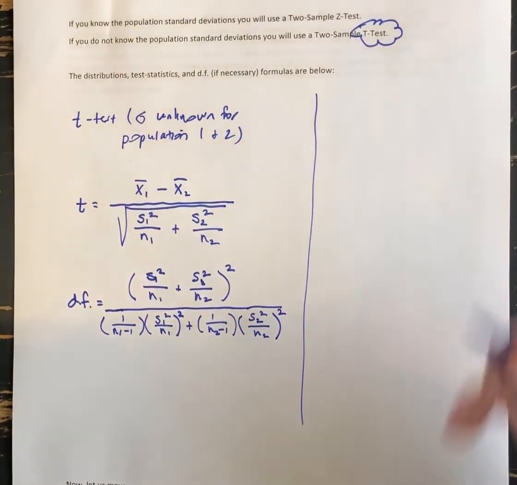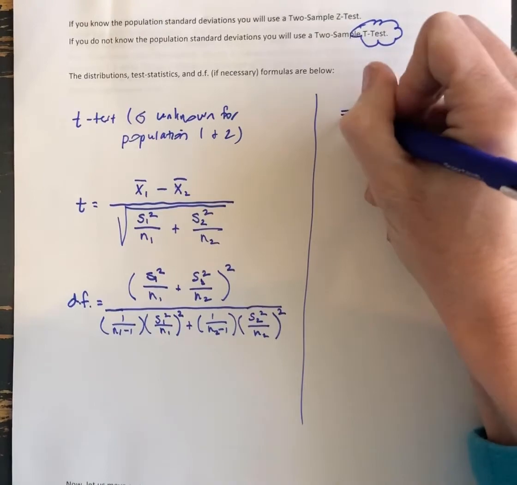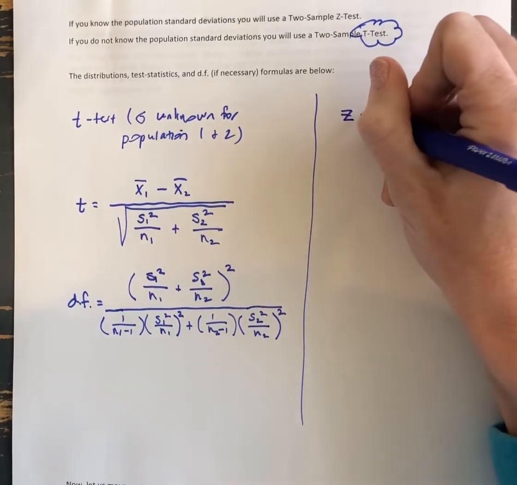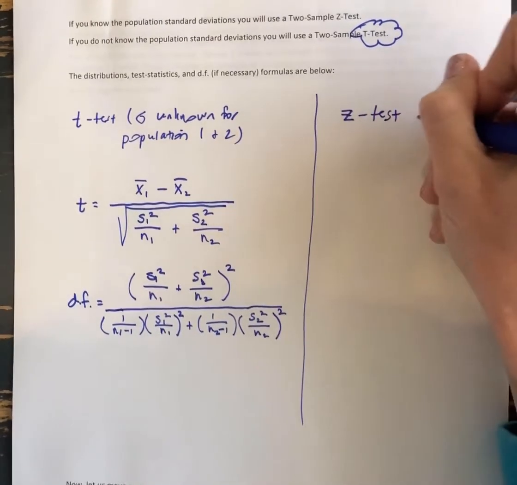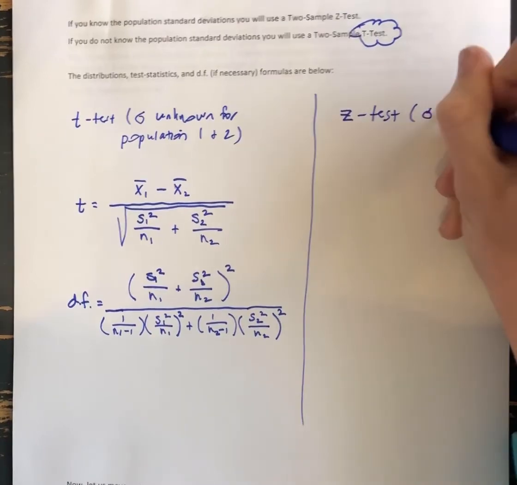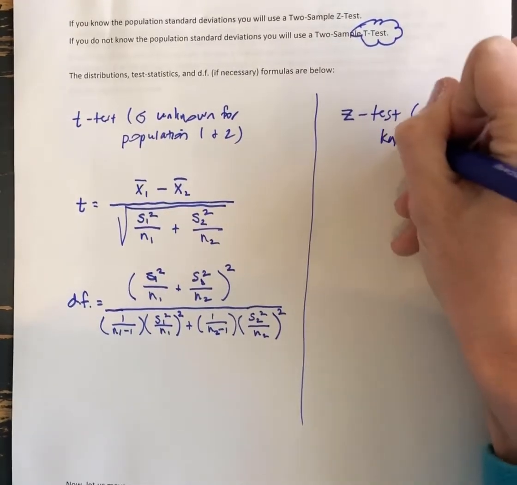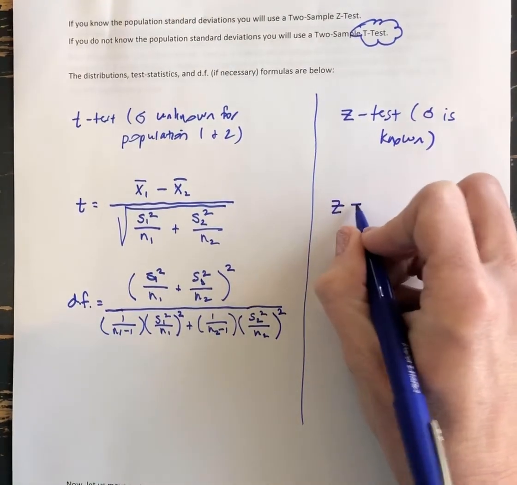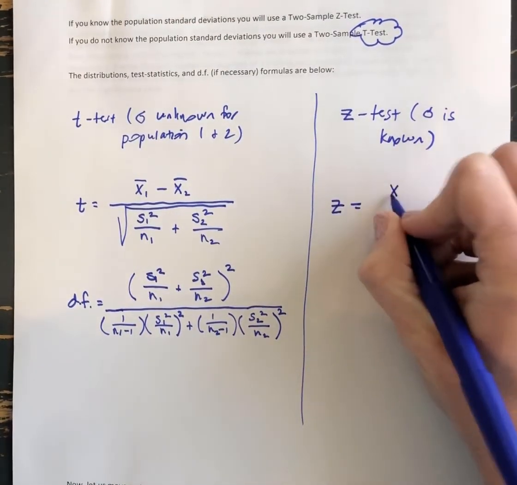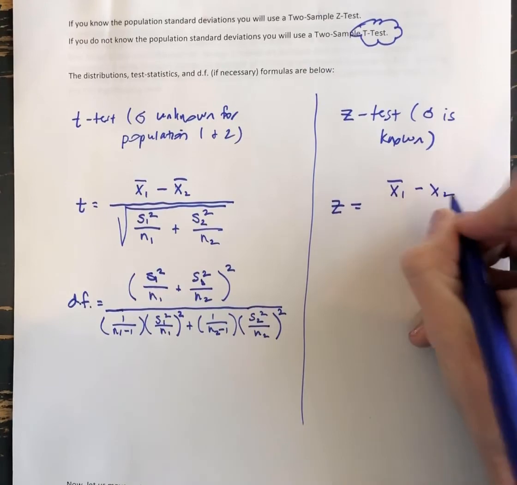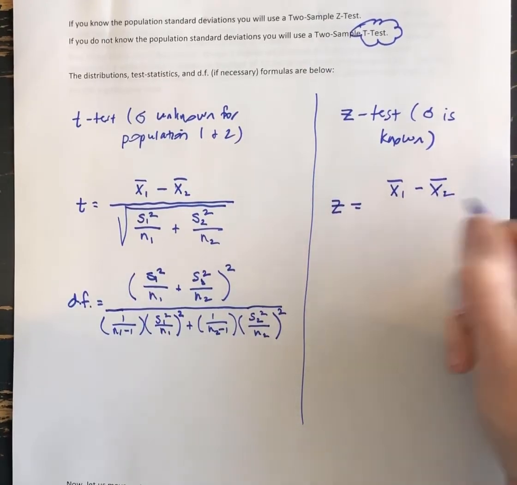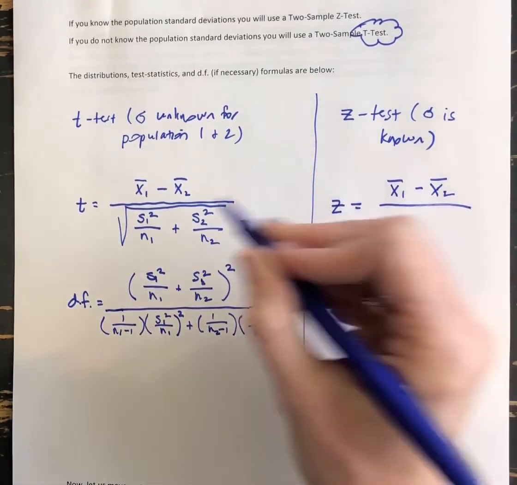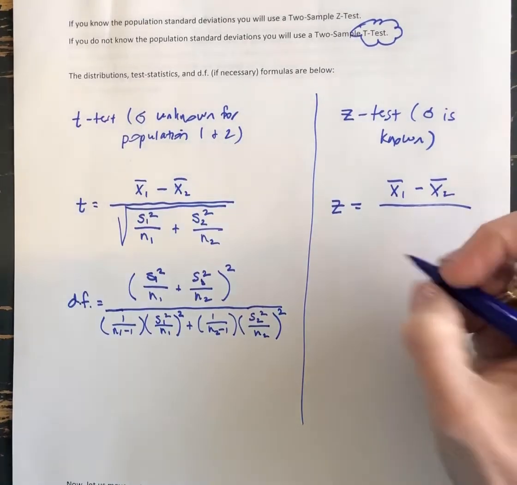Okay, if we happen to know the two population standard deviations, we would use a z-test instead. Okay, and for a z-test, our test statistic would look like this. So we're still taking, for our numerator, the difference between the two sample means.